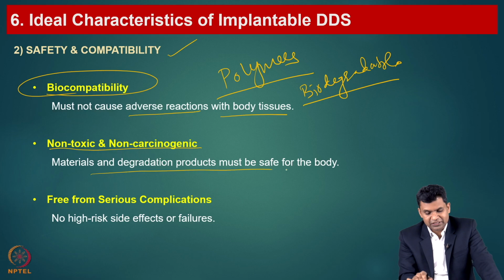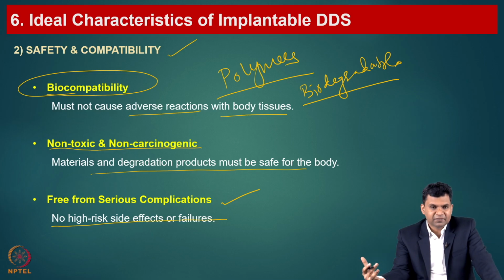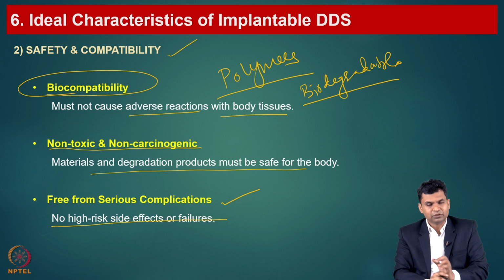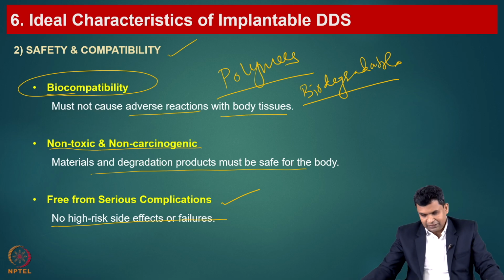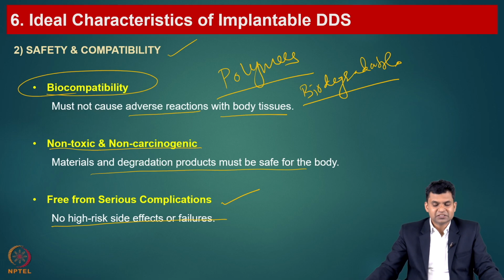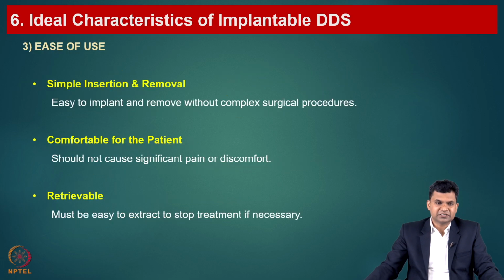It should be free from serious complications and high-risk side effects of failure, because there are polymers which may work as implantable delivery systems, but the degradable metabolites or end products may induce various types of cancers. So, that needs to be checked during the studies.